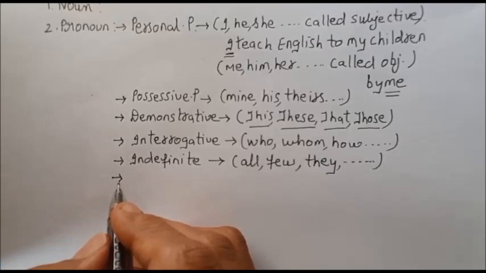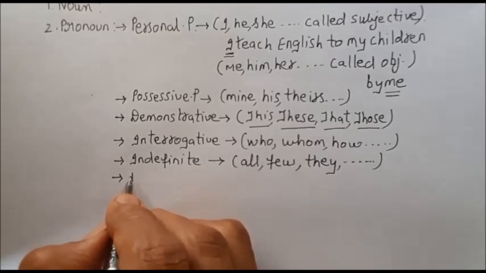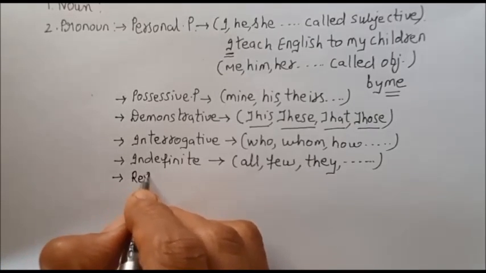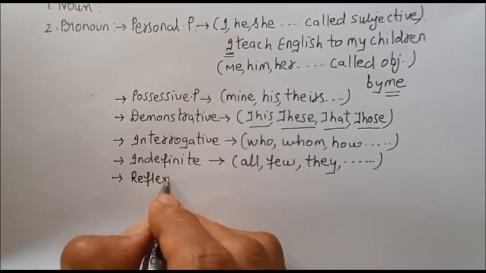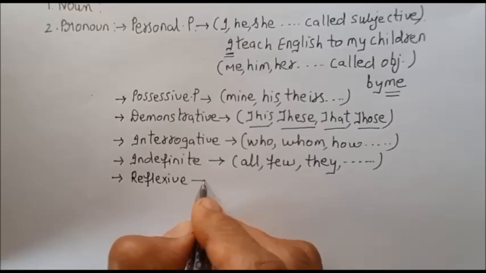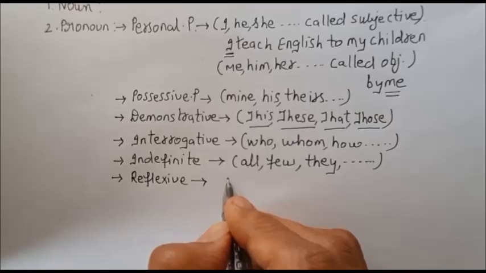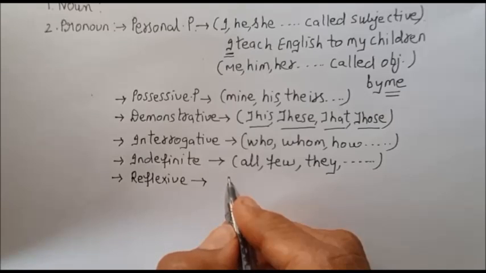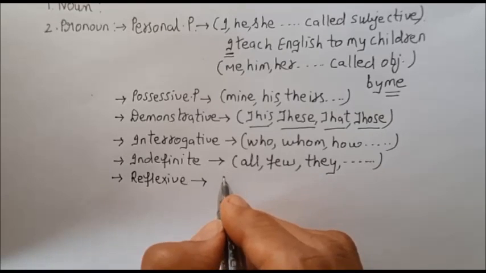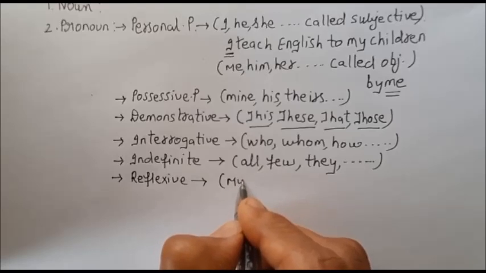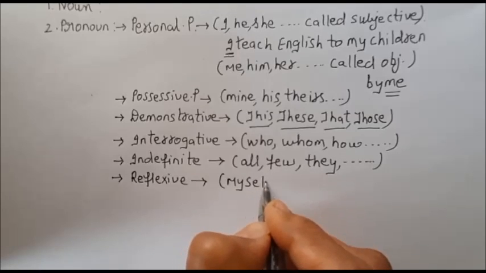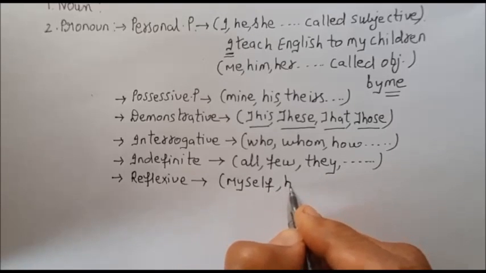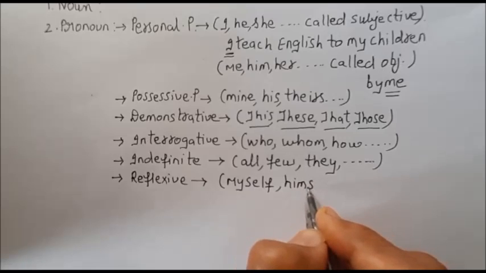Let's see one more, and that is reflexive. Now, reflexive pronoun, that is when we make use of the word self or selves after the pronoun. That is like myself, himself.